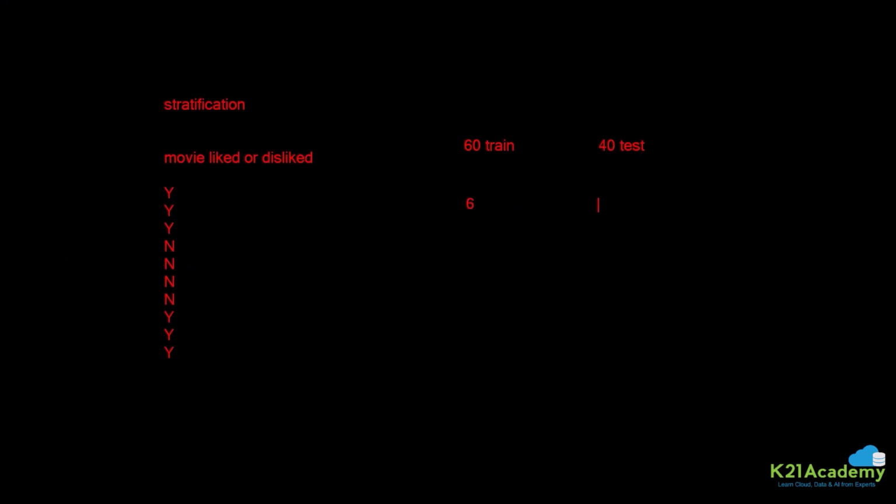And 40% of 10? 4. That's sure. Now in this 6 also, we want a balance of yes and no. Now tell me how many yes are there? 6, right? So when we say balance of yes and no, there should be 4 yes and how many no's? 2 no's. Making sense?